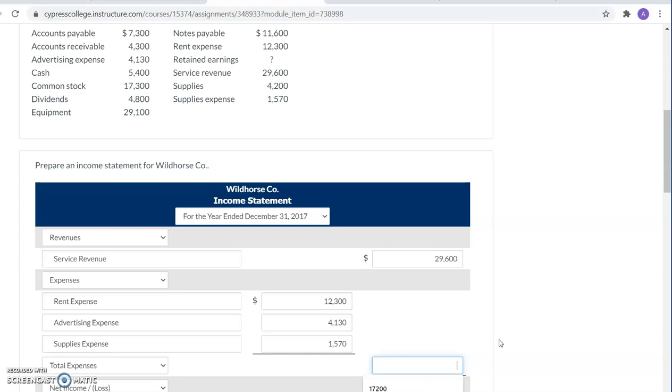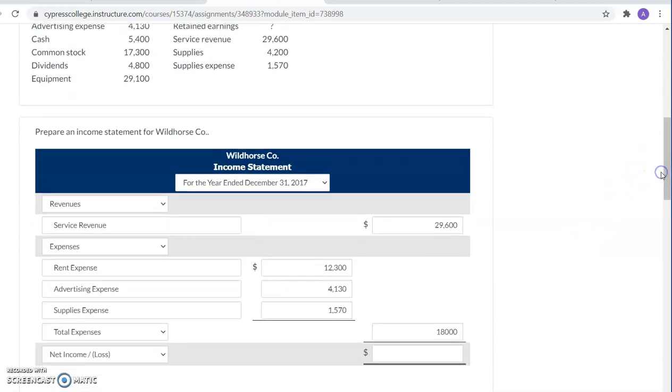So in my problem, I have $18,000 of expenses. And remember, your numbers might look different from the numbers I have here. And for the net income, we're going to take the total revenues minus the total expenses. So in my problem, I have $11,600.